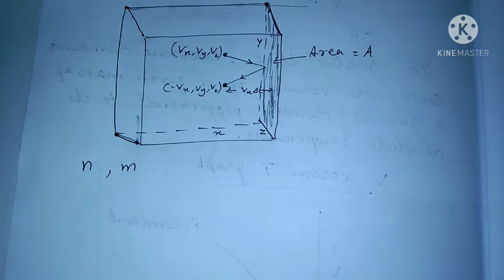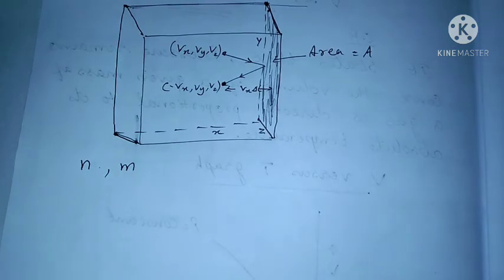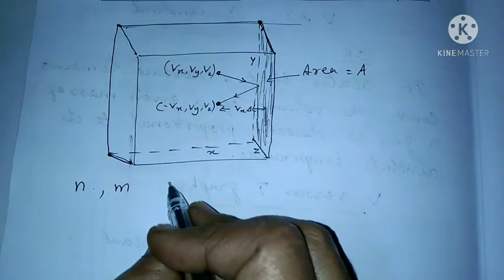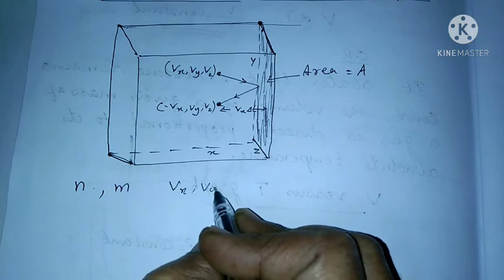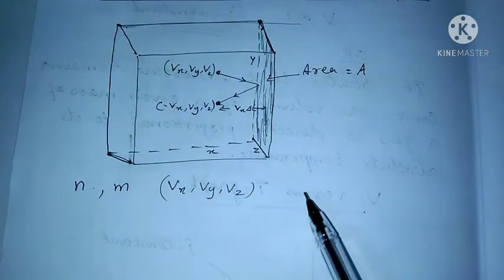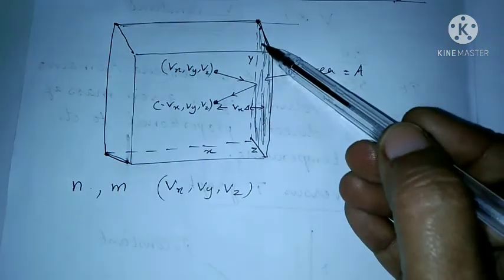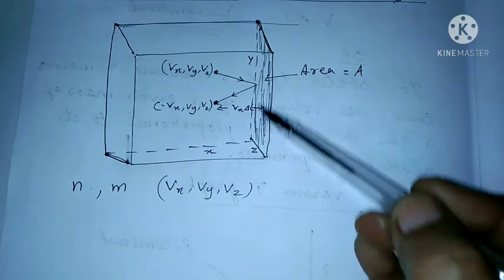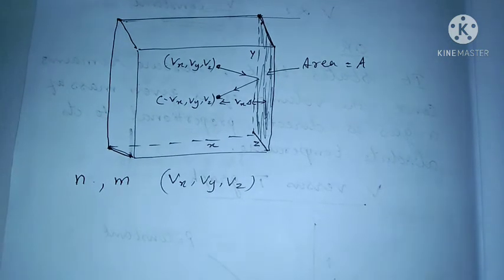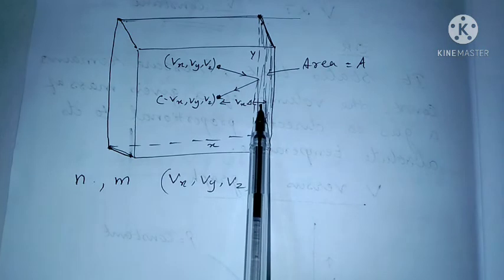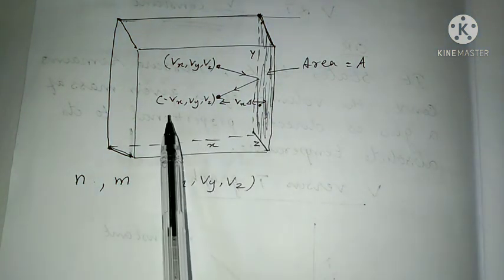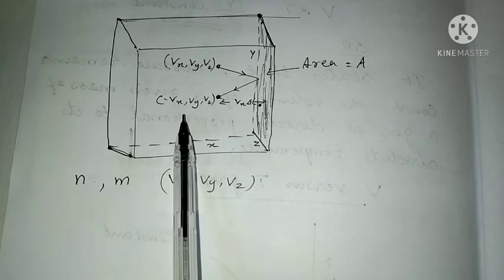If we consider a molecule, it moves with velocity Vx, Vy and Vz, and it hits the wall of the container in this shaded portion, this area A. When it hits the wall, it rebounds with the same speed because the collision is elastic.